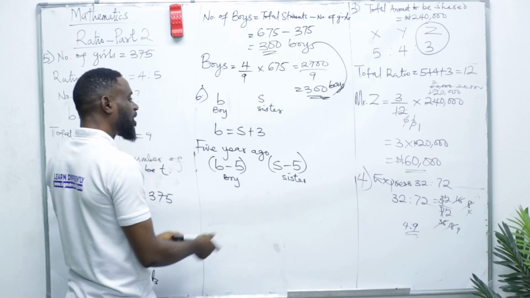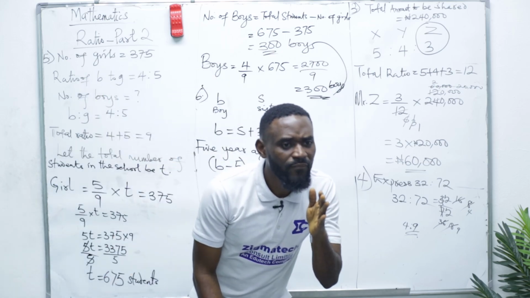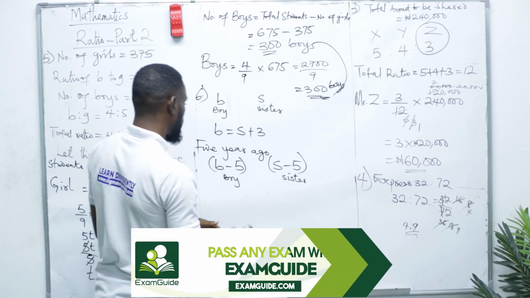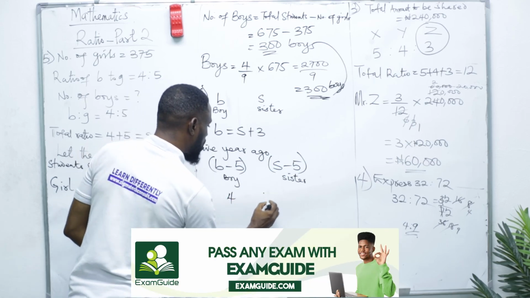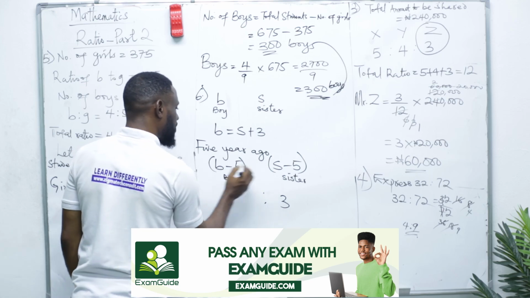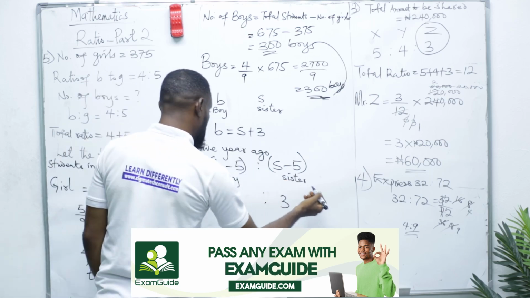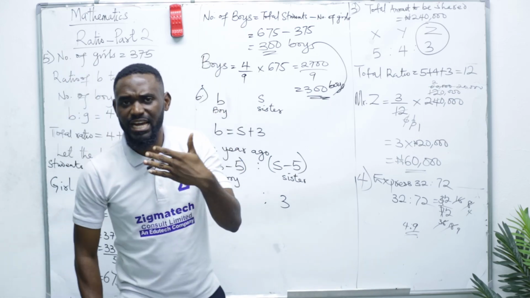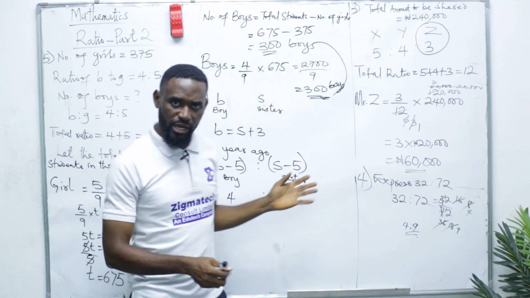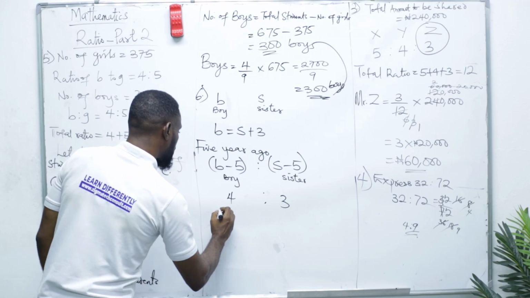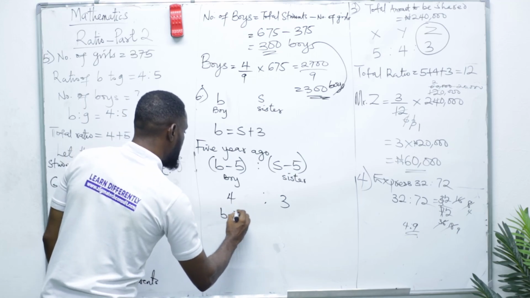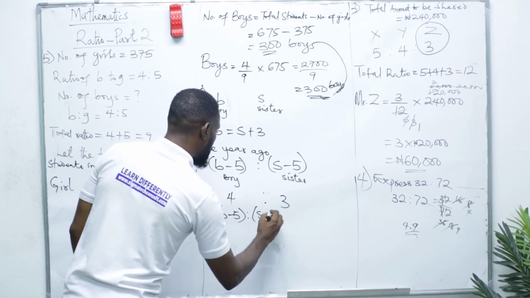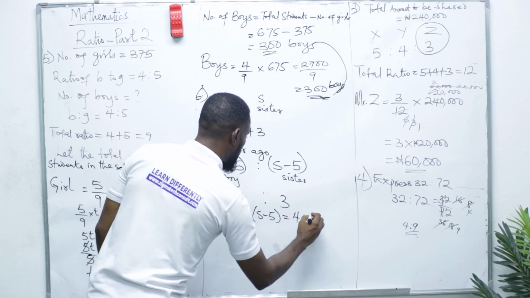So what this means is that the ratio of their ages was 4:3. 4 for the boy, 4 is to 3. If you have watched the first lesson on ratio, we put this as B - 5 ratio S - 5 is equal to 4 ratio 3.